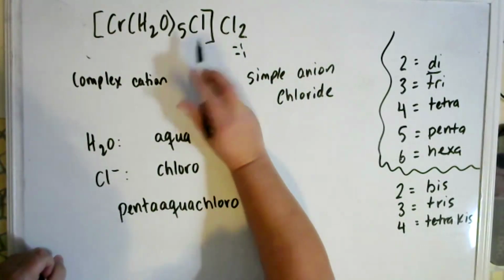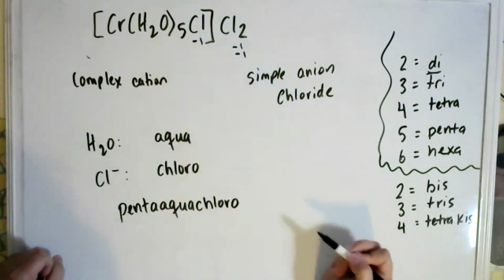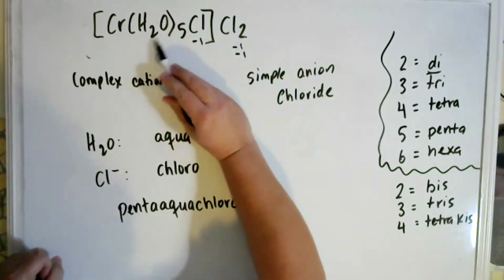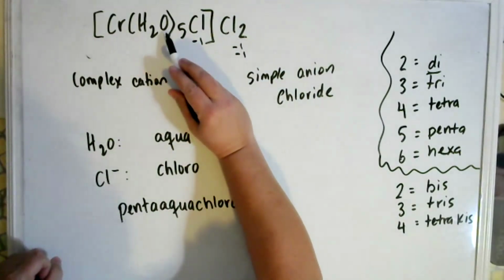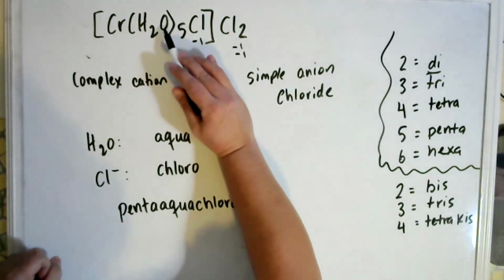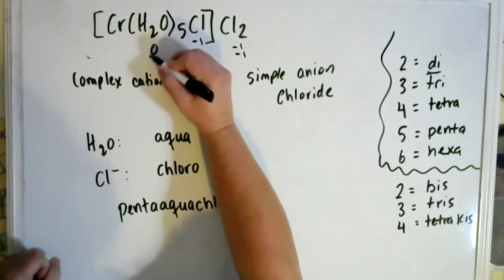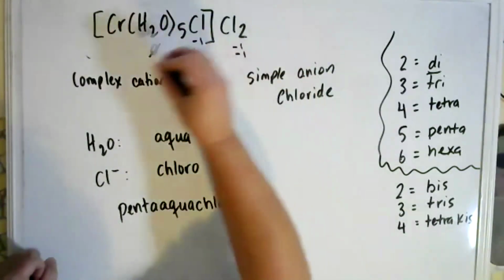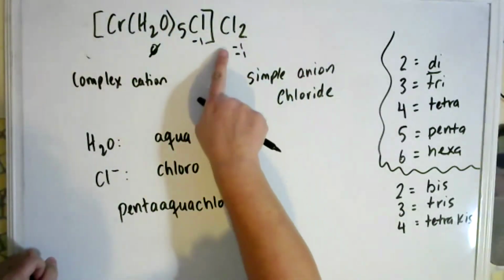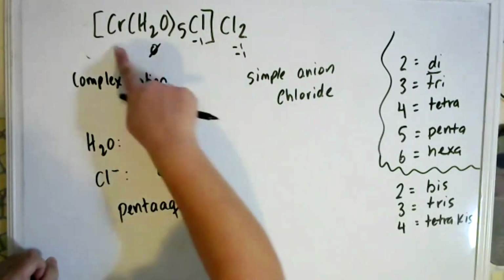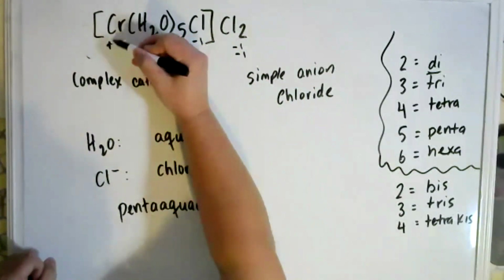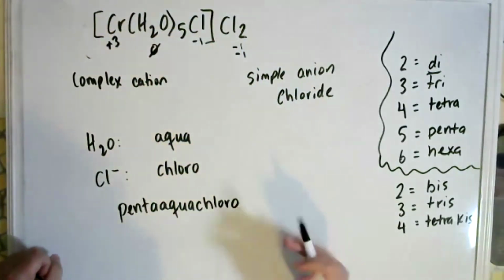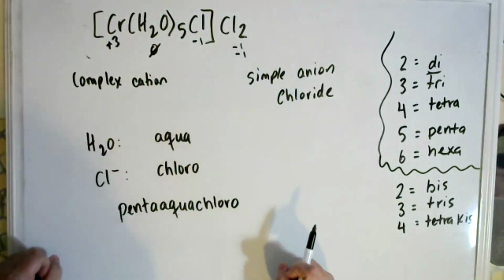I have a chloride here, that's going to be a -1. I have an H2O ligand here, right? H2O is neutral. So I know that all of this is going to add up to 0. And if my overall compound has to add up to 0, and I have 3 -1s, my chromium has to be a +3 to counteract that.